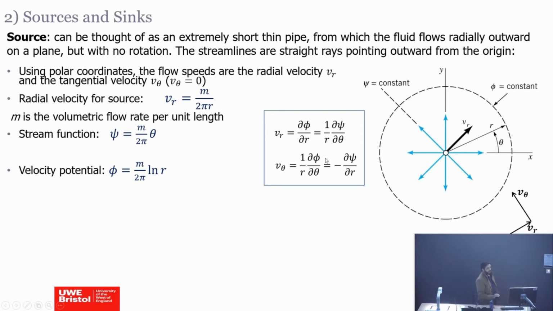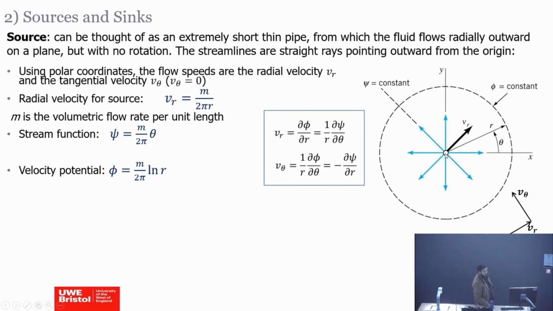Now we have this radial speed as a function of r. I think we said as r goes down, the VR will increase. But there is one very specific case, and that is when r goes to 0, i.e., when we come to the center of the source itself. By the way, you might have noticed we placed it at the origin, where it's 0.